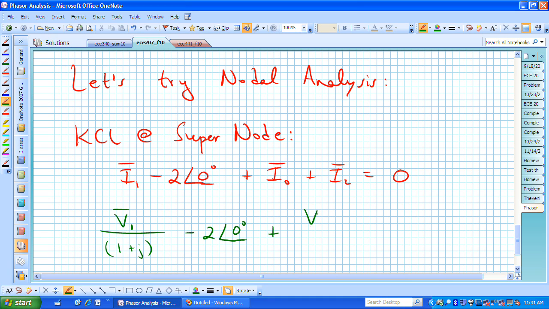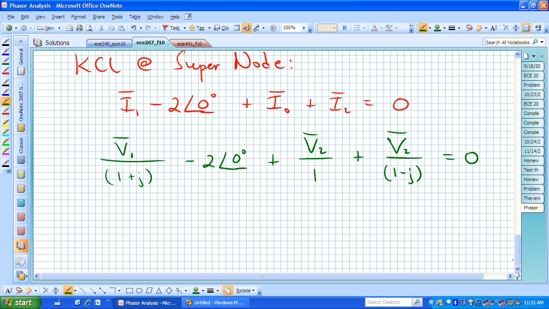I0 was V sub 2 divided by 1, which was our R, and then I2 going out to the right also had V2 as its voltage drop, but it had then as an impedance 1 minus j, which was the resistor and the capacitor in series to give us the 1 minus j. That's equal to 0. We can now clean that up a little bit.